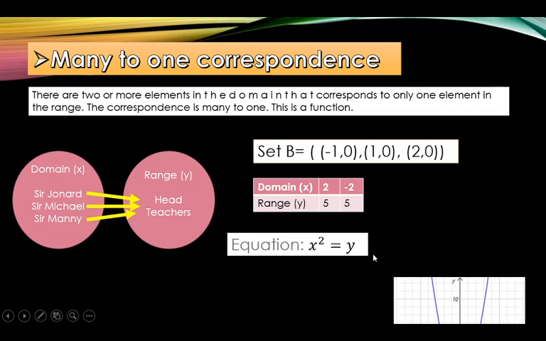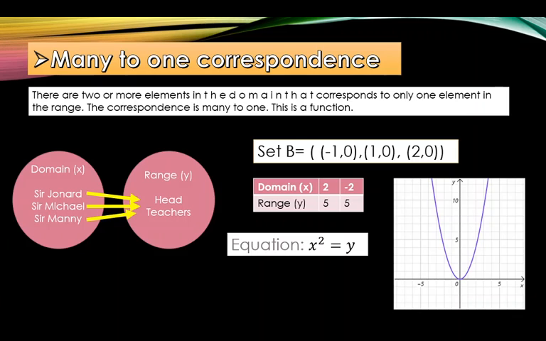Alright? And the graph of an equation which is x squared is equal to y is a parabola opening upward. Alright? This is a many-to-one correspondence. Pwede rin yung downward, no? Yang parang ganito, no? Parang payong na pataas or payong na pababa. Yan, ganyan ang magiging graph ng many-to-one correspondence.